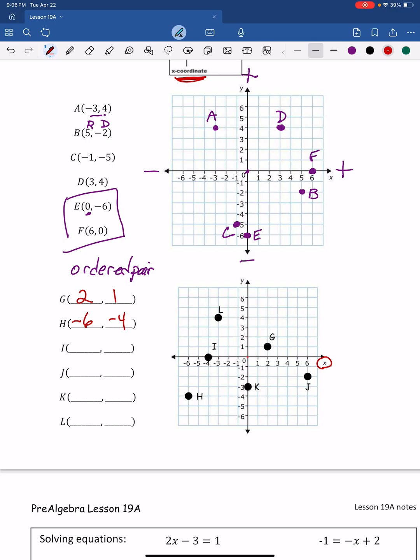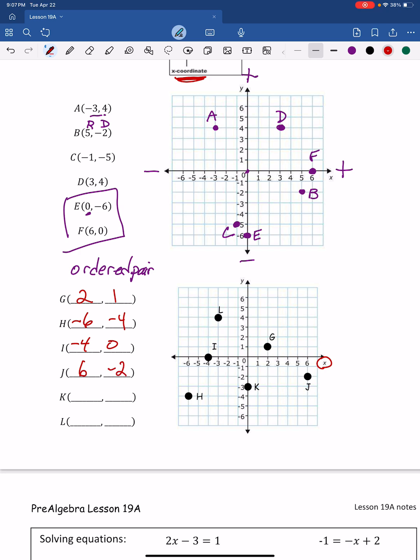The path to get there is negative 4. And then I didn't move off that, so my second part is going to be 0. See if we can do it without the path making. So J is going to start at 0, 0. I'm going to go over 6 and down 2. So over 6 is positive, down 2 is negative 2.